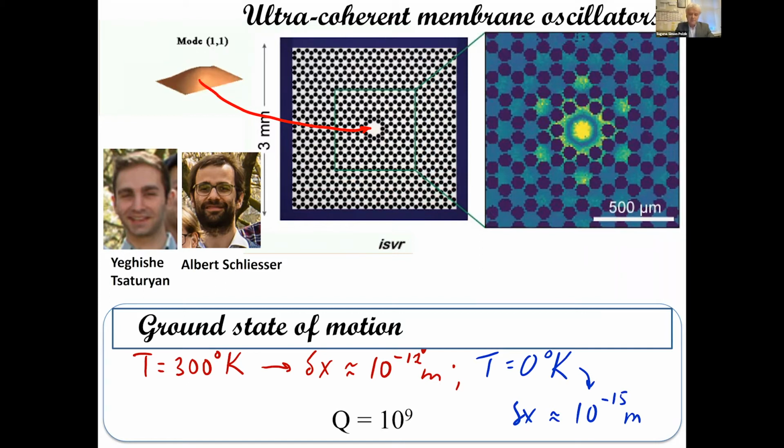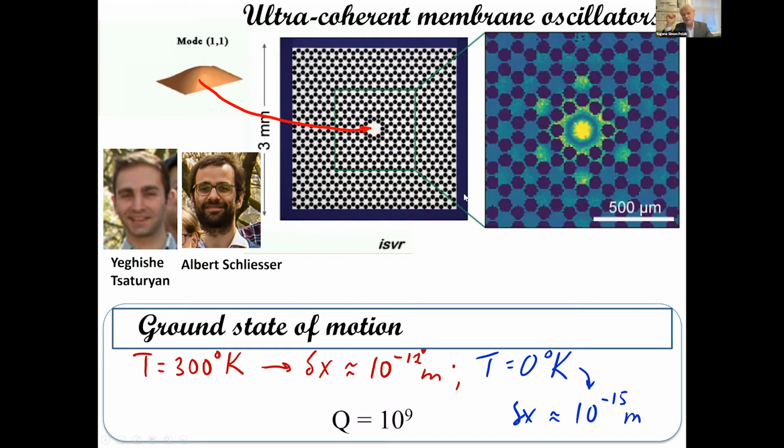Certain numbers for those oscillators are given here. Just very briefly, what you are seeing is essentially a membrane made of silicon nitride, and there is a rather elaborate phononic band gap structure, which prevents this oscillator, which is the central part, from exchanging energy with the environment, which is beyond the frame of this membrane.